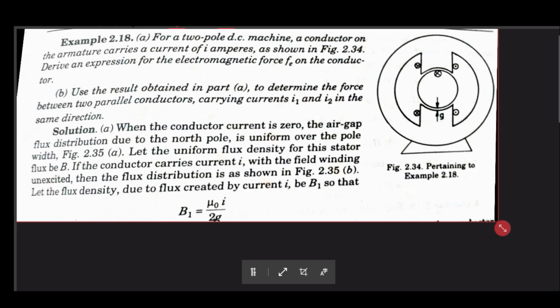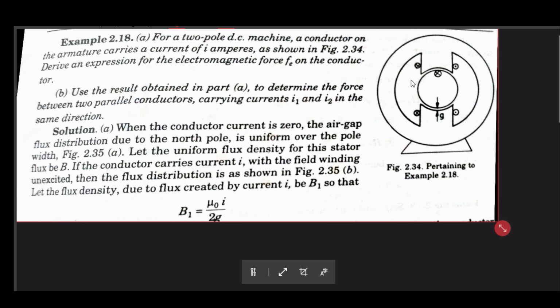Now here obviously we are assuming that whatever reluctance is there is present only in the air gap. The magnetic material part of the machine has infinitely high permeability. If that is the case, let us draw a few diagrams.